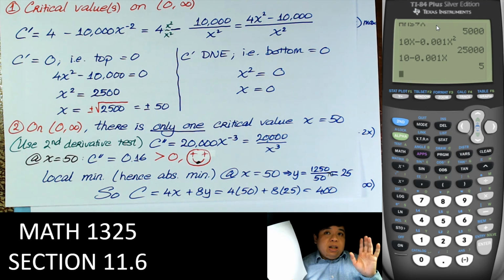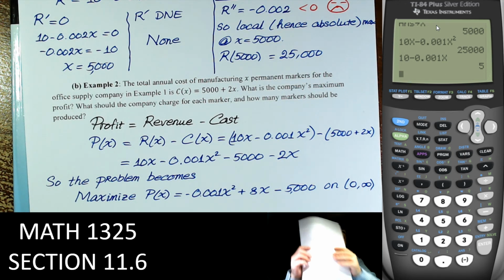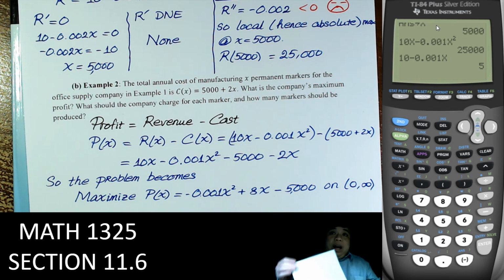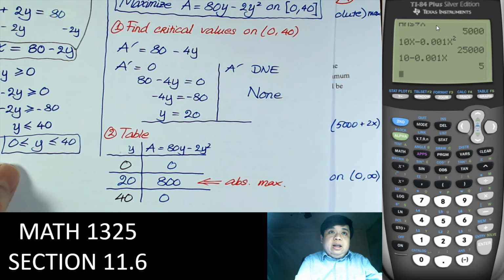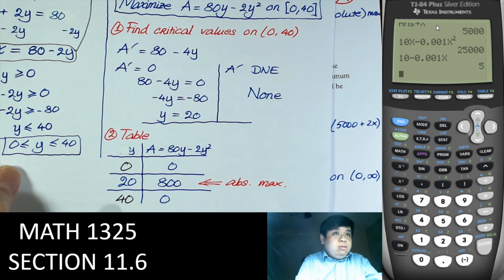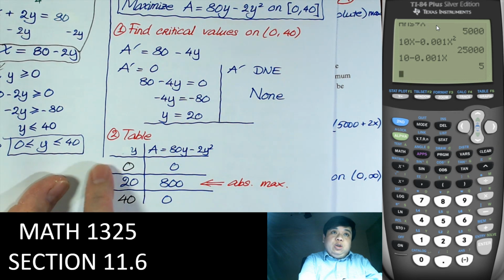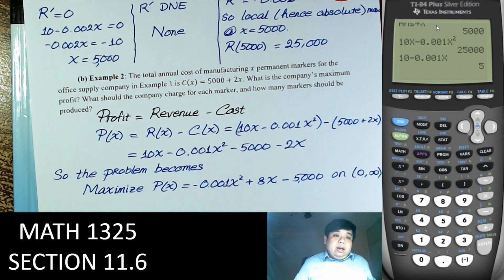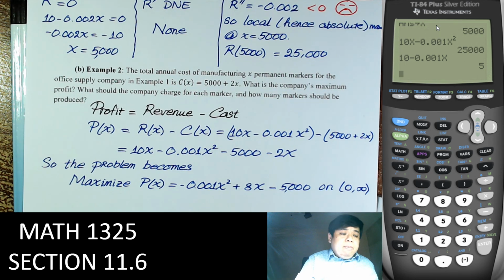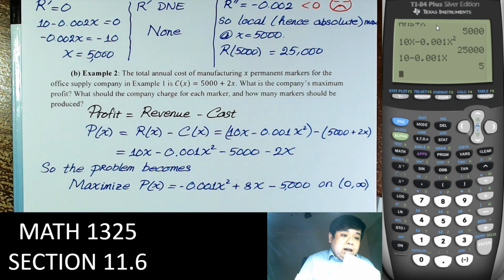So in that case, the local is also the absolute. If we don't have a closed interval and we have more than one critical value, then we still have to put them on the table, but we have to use the limit because the boundary is not closed in that case. Right. But that's all I want to cover for this section.